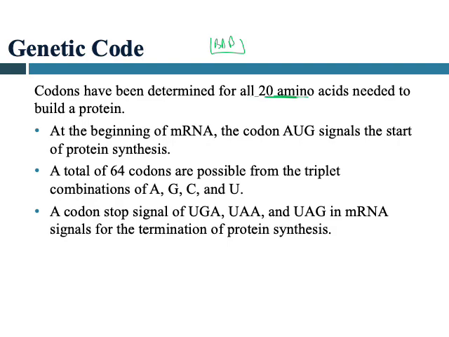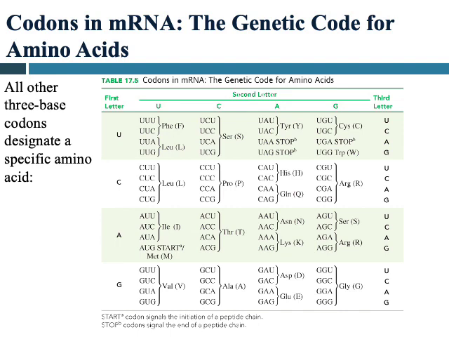So let's go over here. Scientists have made a sequence of 3 nucleotides that normally corresponds to one specific amino acid. In RNA, we have uracil, cytosine, adenine, and guanine, right?